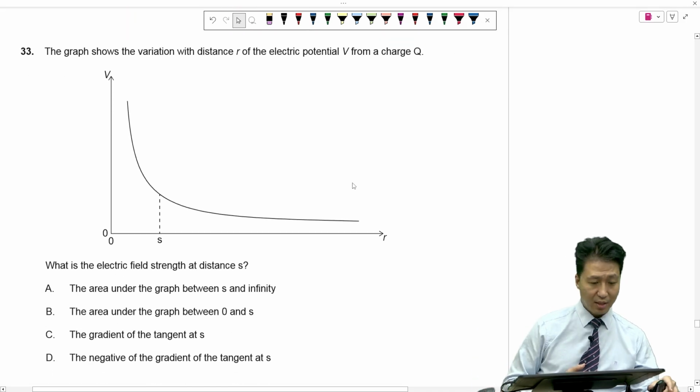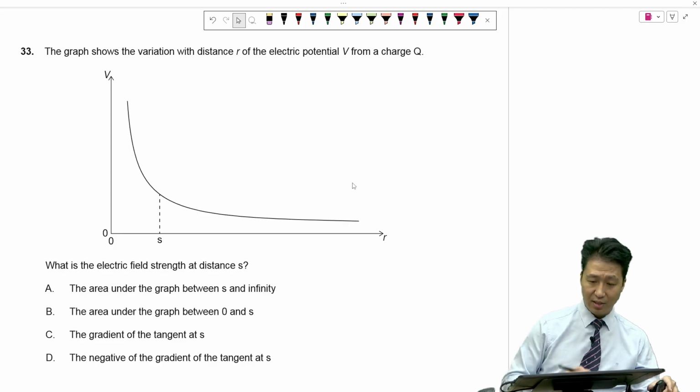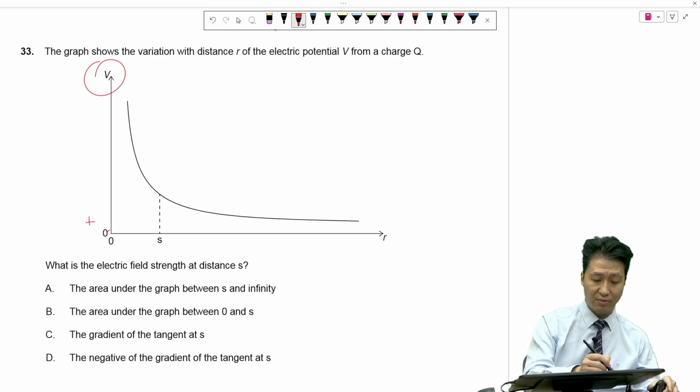Number 33. The graph shows the variation with distance r of the electric potential V from a charge Q. What is the electric field strength at the distance S? So 1, potential is positive, it's a positive charge.